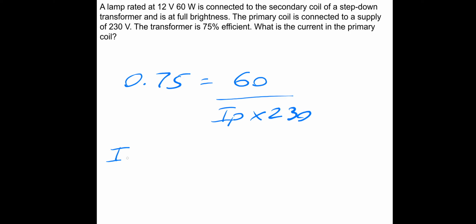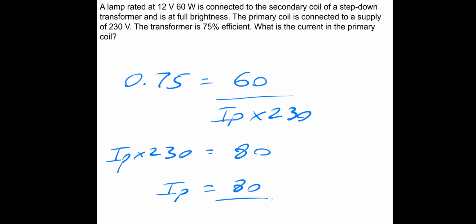So current primary times 230 equals 60 divided by 0.75, and 60 divided by 0.75 is 80. So current on the primary is equal to 80 divided by 230, which gives us a current of 0.35 amps. Hopefully that one went okay.